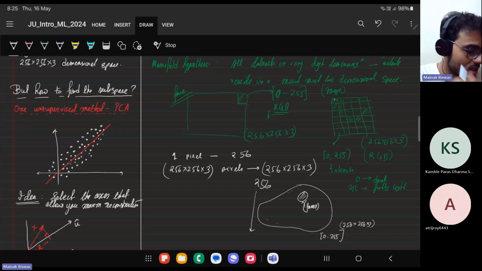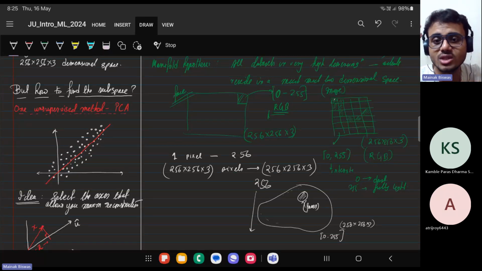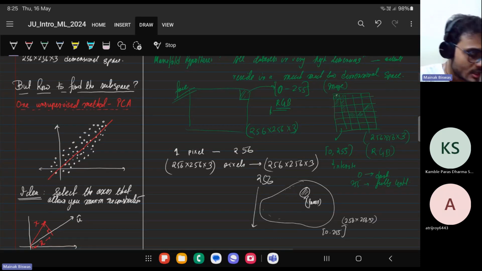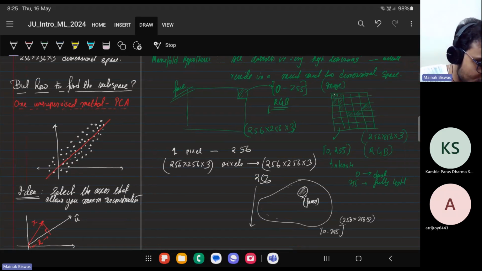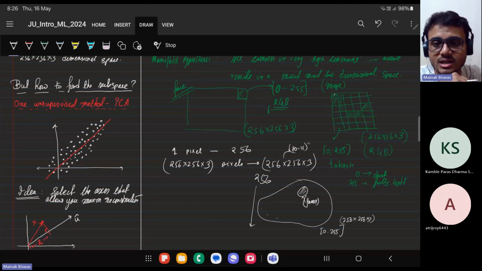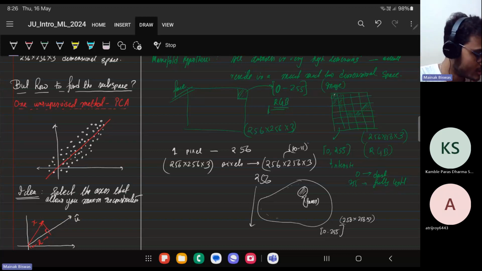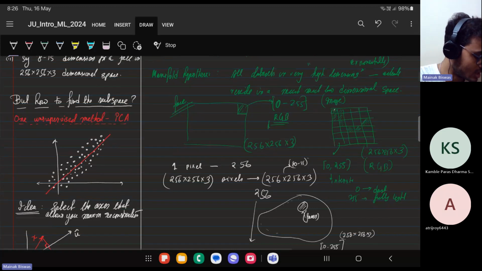So just think of the variety you can get, and therefore faces are going to be very small. So the idea is, although the data is residing in this huge 256 cross 256 cross 3-dimensional space, it must reside in say 10 or 15 dimensional space. I'm just giving an example, maybe 100 at the end of the day, but it can be reduced to a much lower dimension. That's the idea. So how can I reduce it is the question. Is the motivation clear?